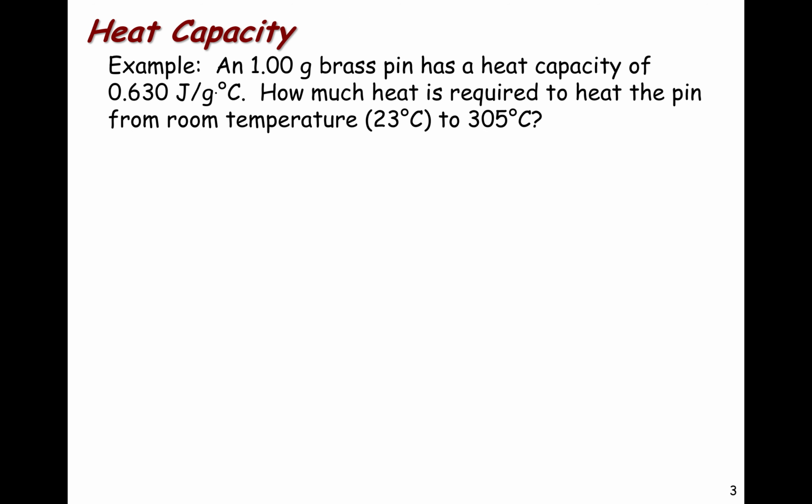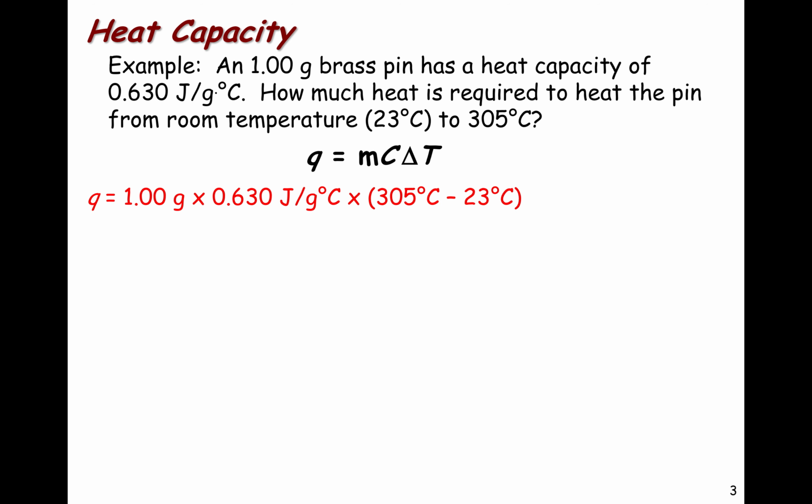As an example of how to use the specific heat capacity, we have a question that states we have 1 gram of a brass pin and it has a heat capacity of 0.630 joules per gram degree Celsius, and asks how much heat is required to cause the pin to change temperature from room temperature, 23 degrees Celsius, to 305 degrees Celsius. So we can take our equation, Q is equal to mc delta T, and plug in our variables.